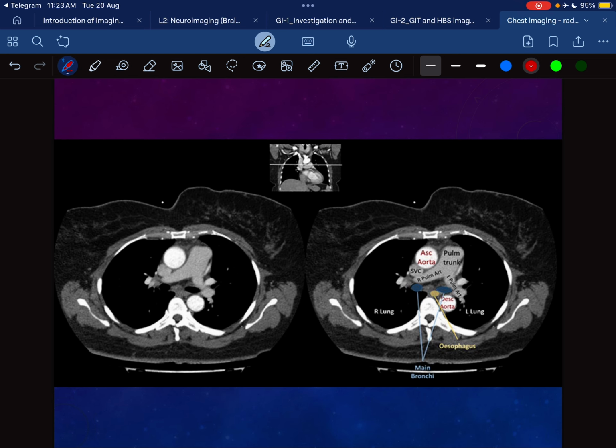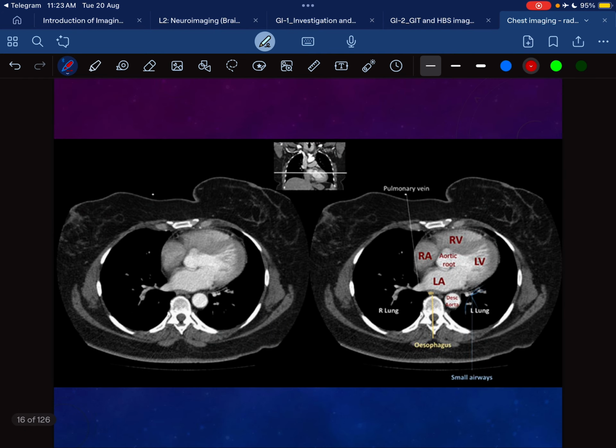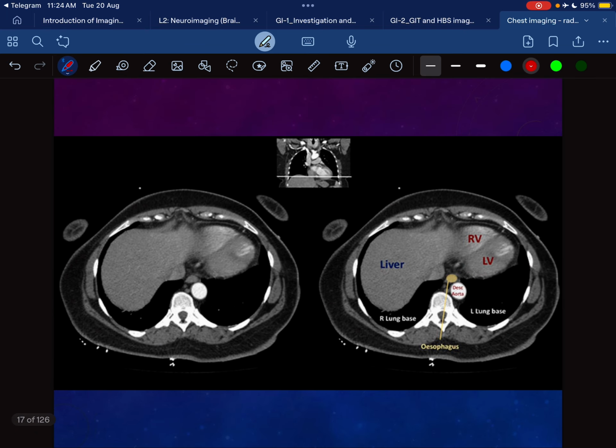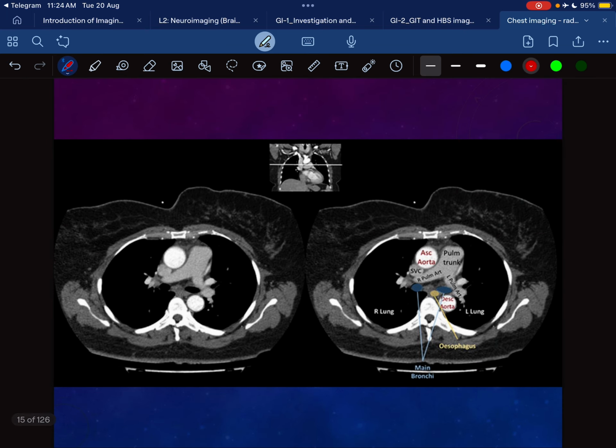Move down, you can see the right atrium, right ventricle, left atrium, left ventricle, and LVOT, left ventricle outflow. And that's the aortic root. At the level of the heart, we only have a descending aorta. You will never see a pulmonary artery at the level of the heart, just higher up.